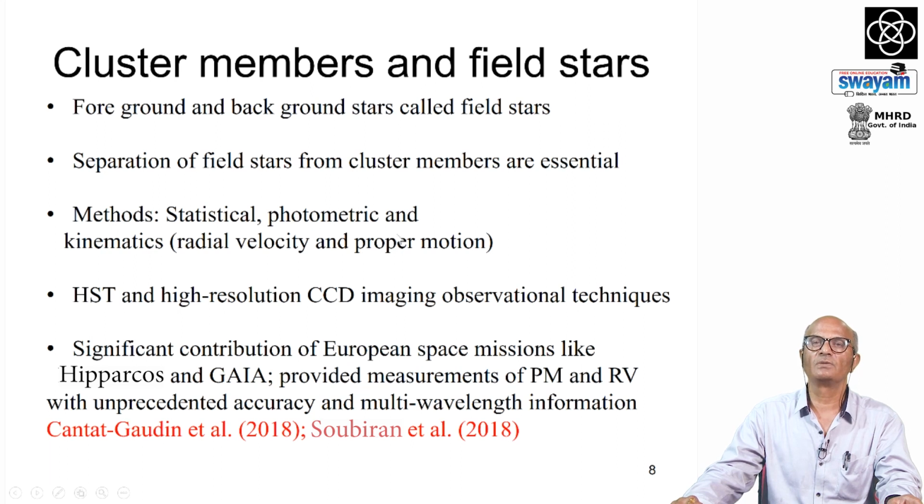And while I am saying space motion, it can be split into two parts. One is radial velocity, the component of the motion which is towards us, the other is perpendicular to our direction, which is called proper motion. In fact, these two parameters have become available using modern techniques, and they are playing a major role in our understanding of star formation and stellar evolution.